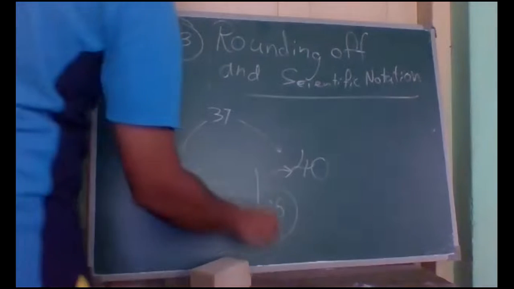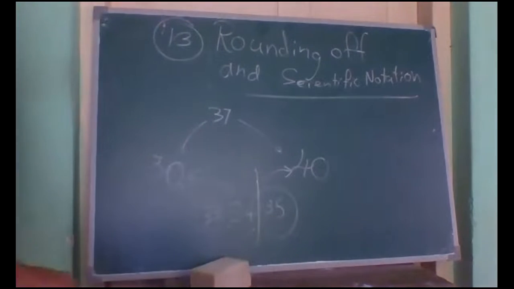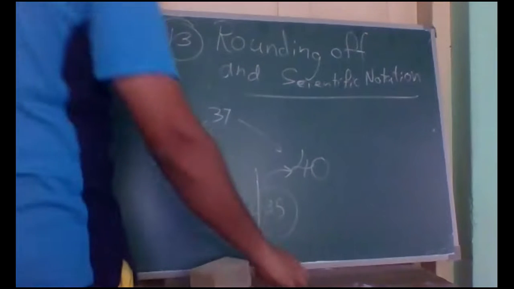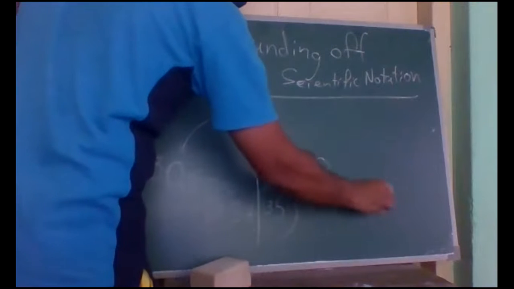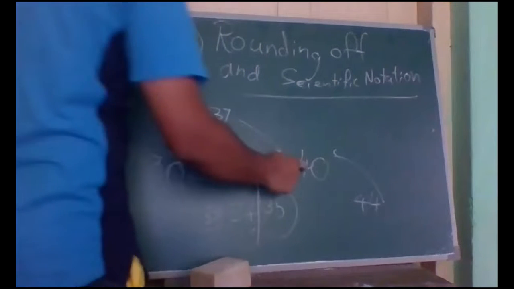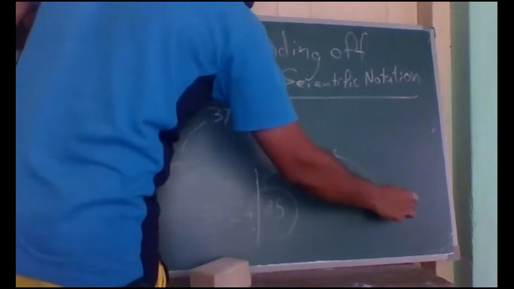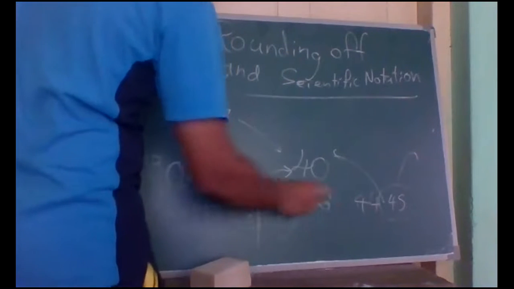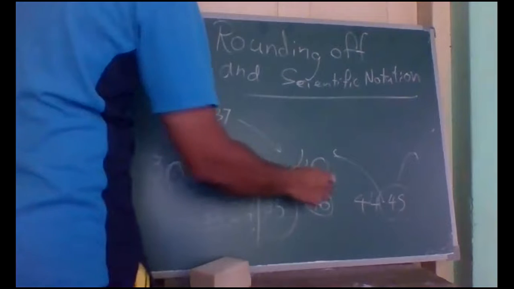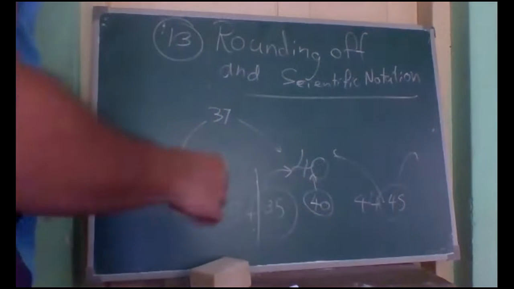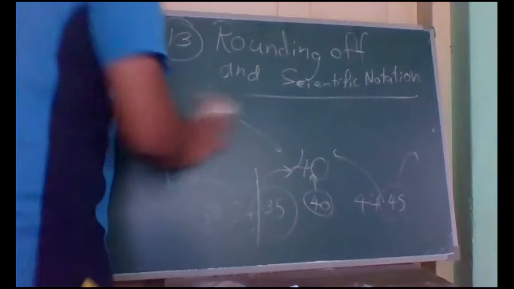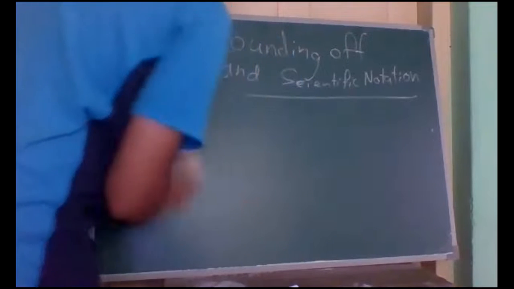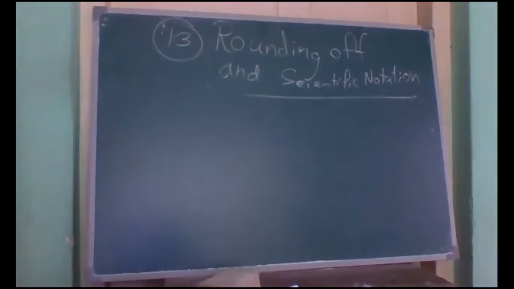So what is the margin? 34 and 35, right? Then 44 belongs to 40, and 45 is going back to 50. If they are asking about 40, what is that? 40. Don't take that as a difficult question. Simple thing, right? Then let's move to the lesson part, scientific notation.